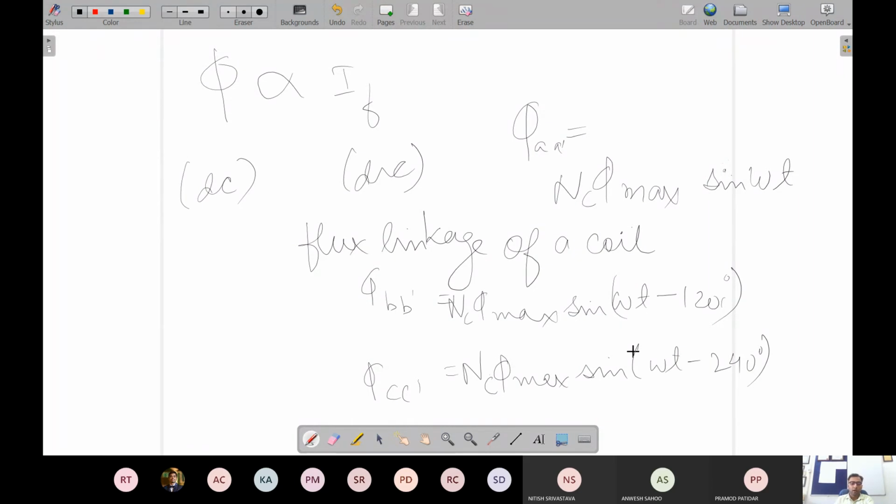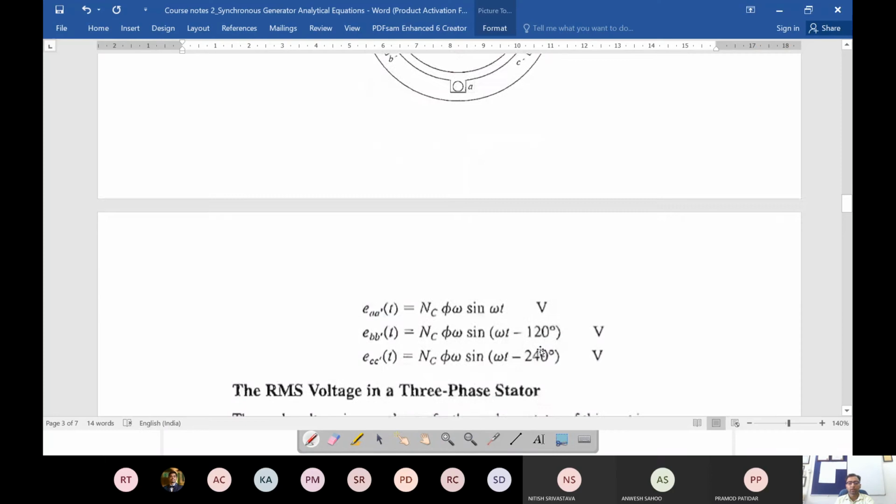Now the last step is that, as we said, the induced EMF is nothing but minus N d phi by dt, where N is the number of turns of the coil. If we do this d phi by dt for each of these three, what you'll get will be something like this.